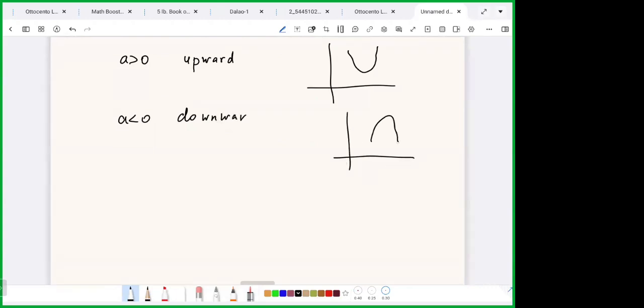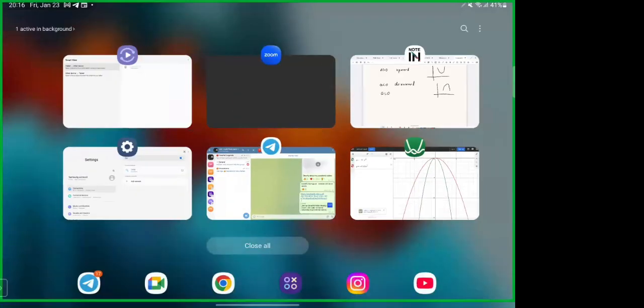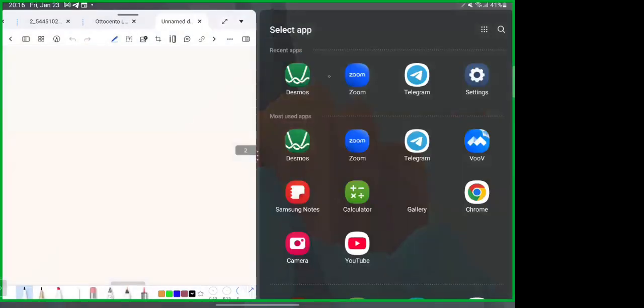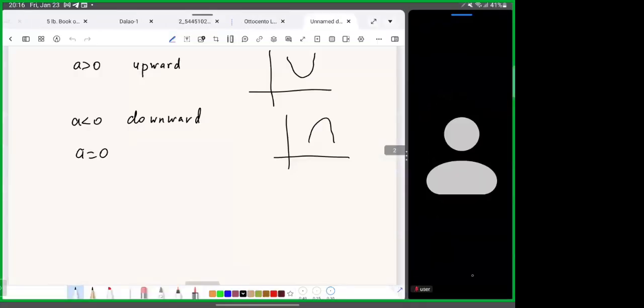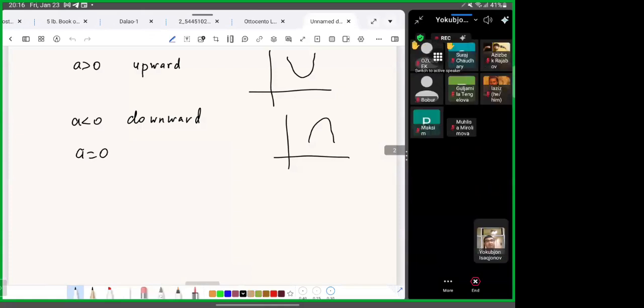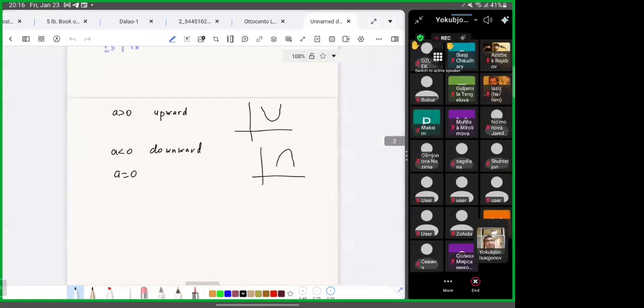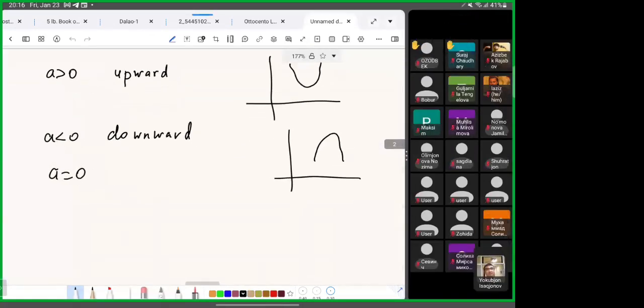Guys, who tells me what happens when a equals 0? What happens when a equals 0, guys?